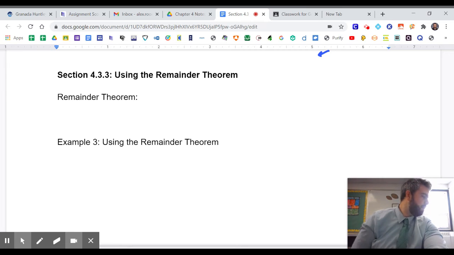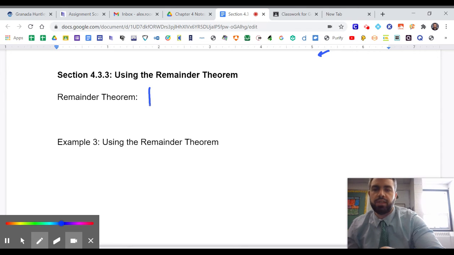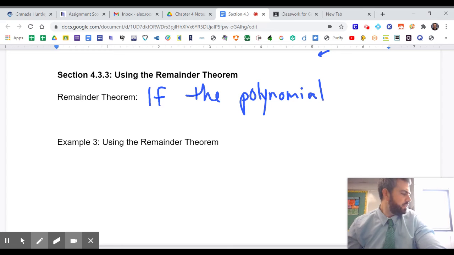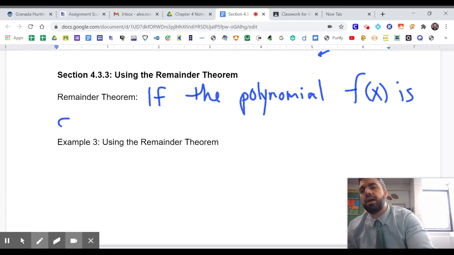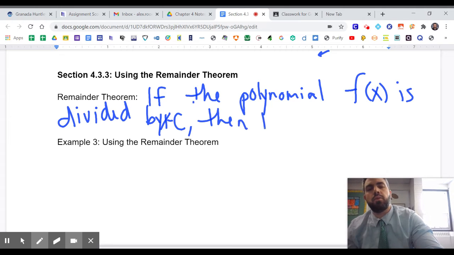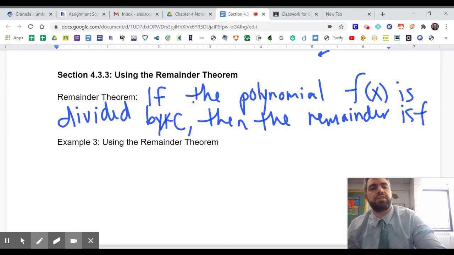So our remainder theorem basically says this, word for word: if the polynomial f of x is divided by x minus c, then the remainder is f of c.